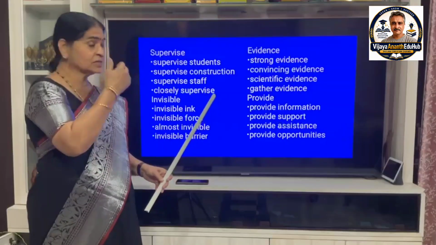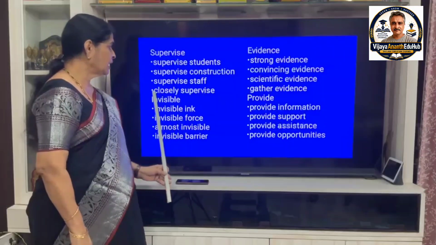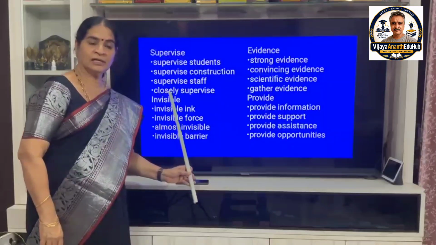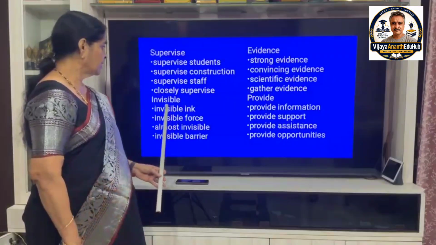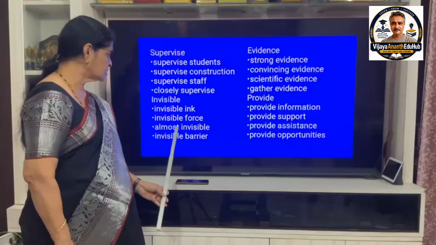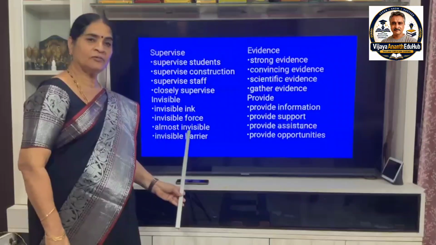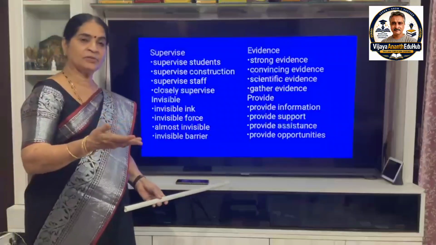You can observe the structure also. Here it is a verb with a noun, here an adverb. The adverb is preceded by this word. Invisible: invisible ink, invisible force, almost invisible. Invisible barrier, a barrier which is not seen.